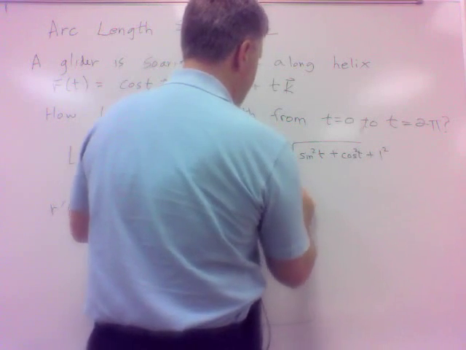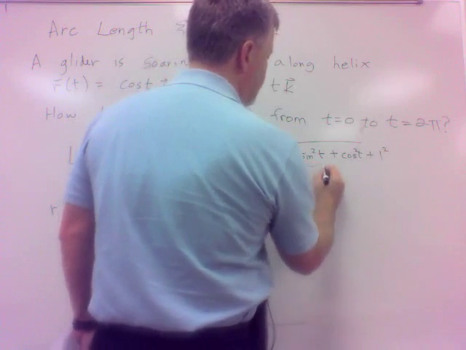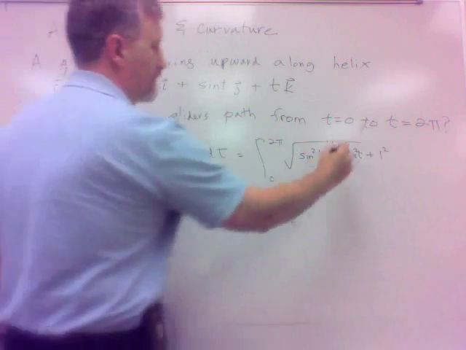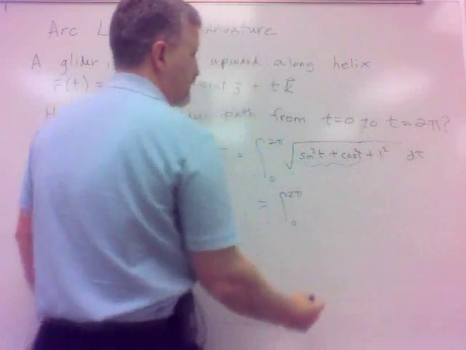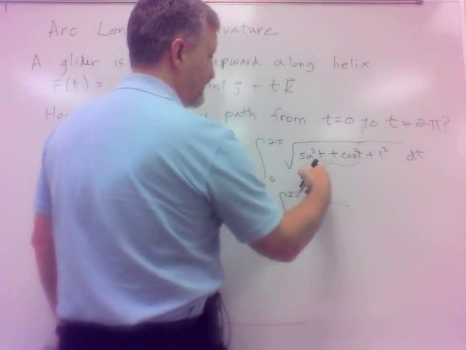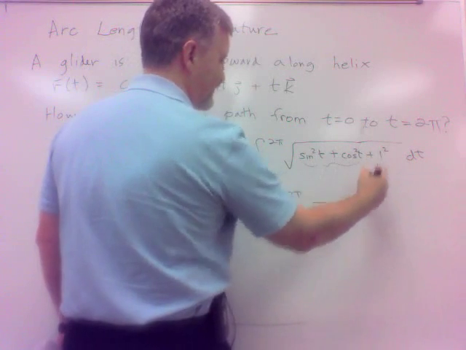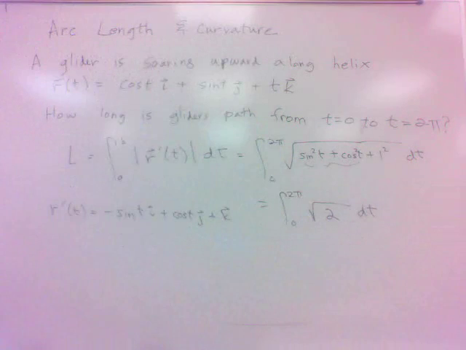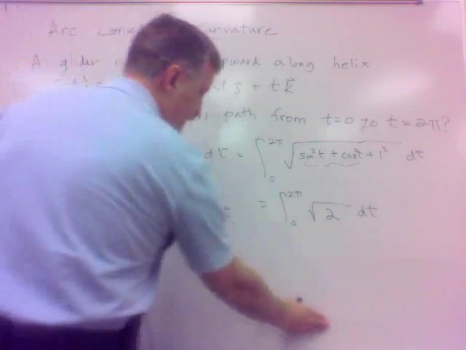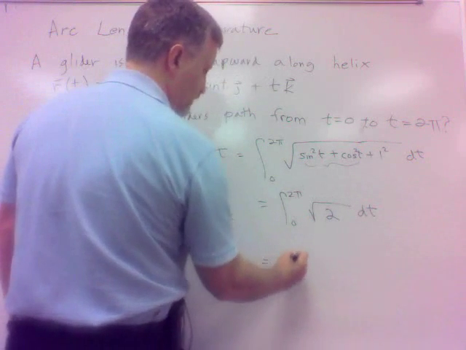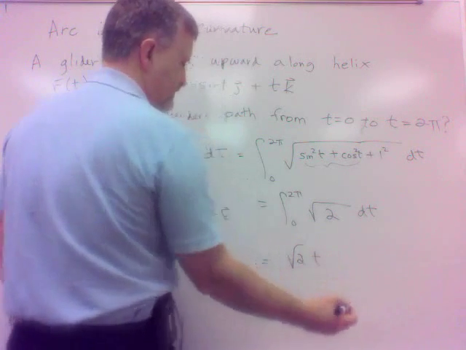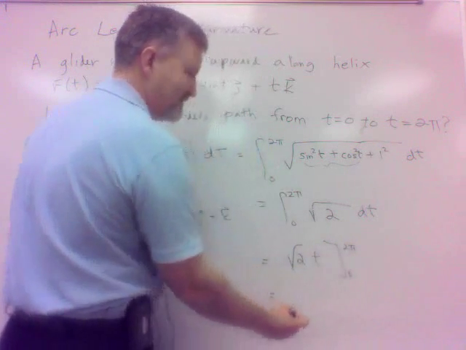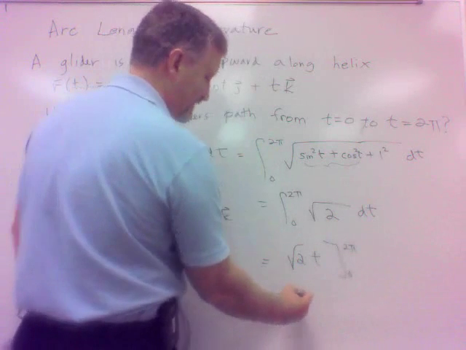As we know, the sine squared and cosine squared turn to 1. So we've got the square root of 1 plus another 1, so the square root of 2, dt. Integrated, that would be the square root of 2 times t, from 0 to 2 pi, which is just 2 pi times the square root of 2.